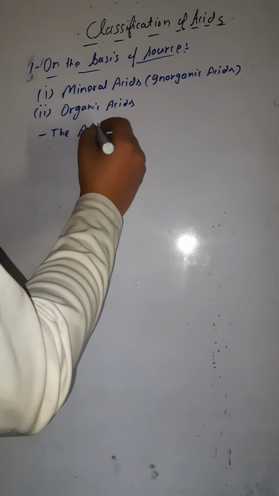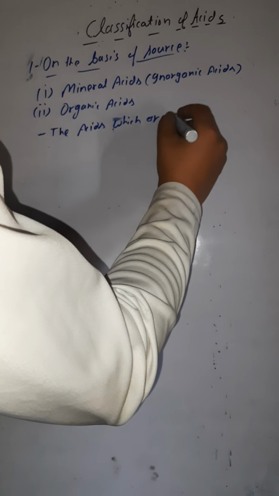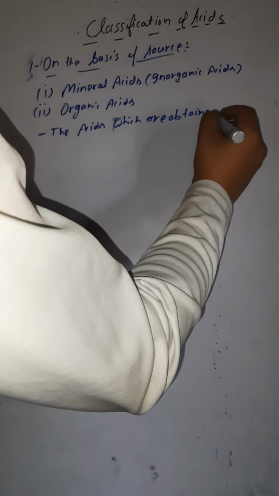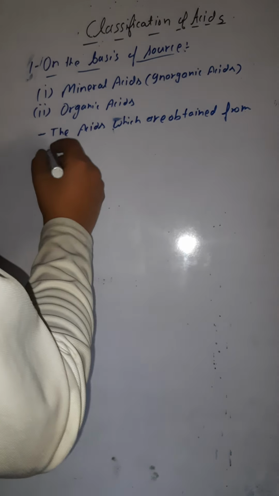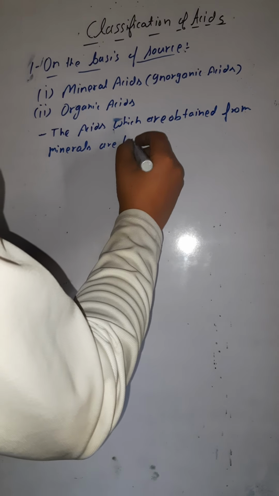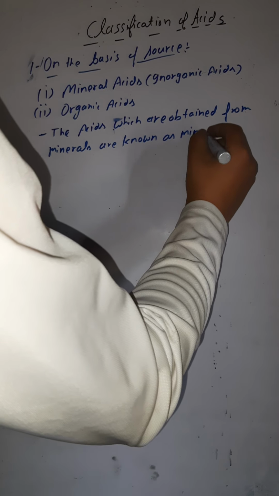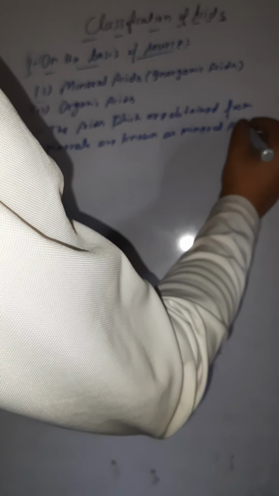Let me write it here: the acids which are obtained from minerals are known as mineral acids, also called inorganic acids.